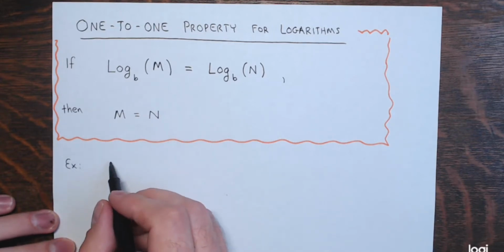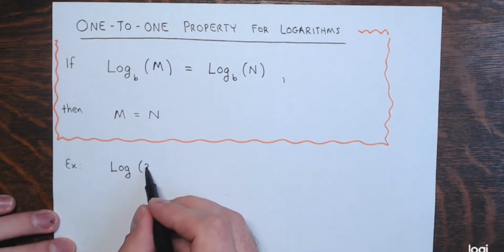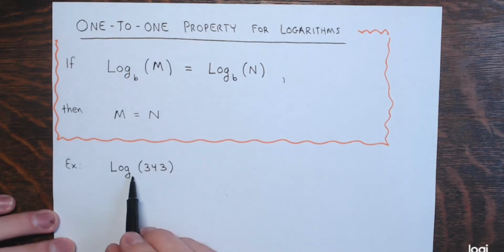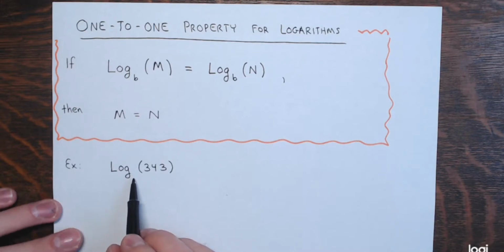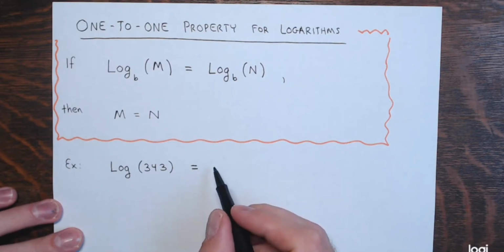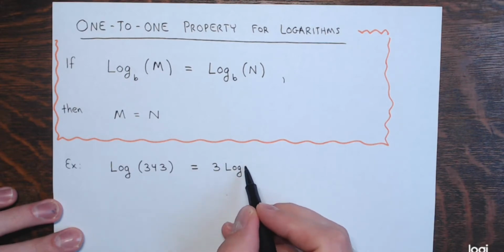On the left side, we have the log of 343. Now hopefully you recall that when there's no base after the log, no subscript, that's base 10. You can write a 10 there if you want, but if there's no base, that's base 10, the common logarithm. Equals 3 times the log of x.